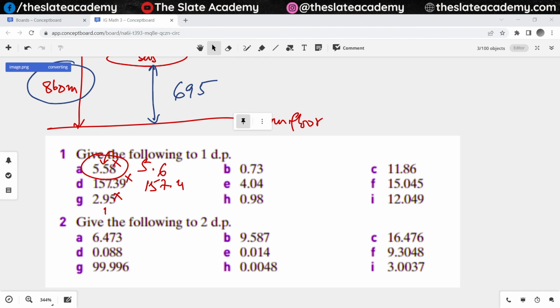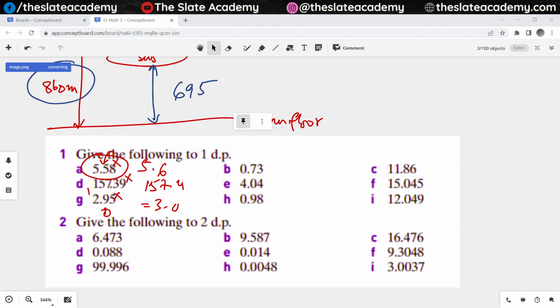In this 9, I add 1. What does it become if I add 1 to 9? 10. So this becomes 0, and the 1 of the 10 gets added to 2, so it becomes 3. 3.0.